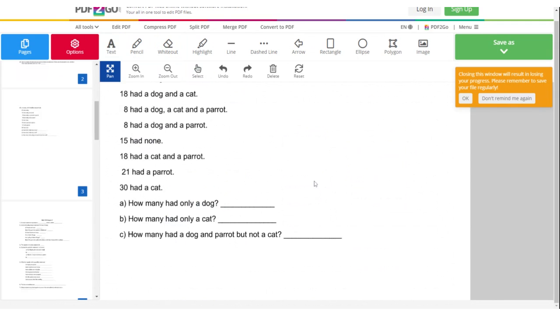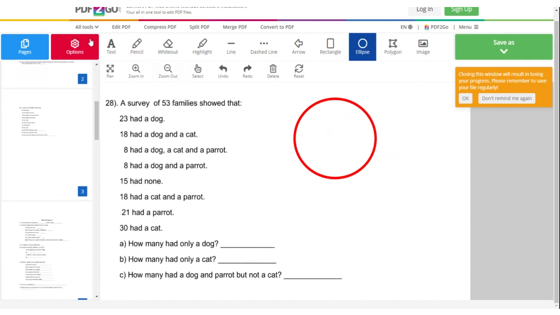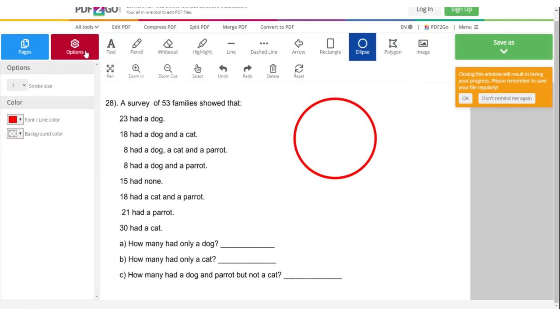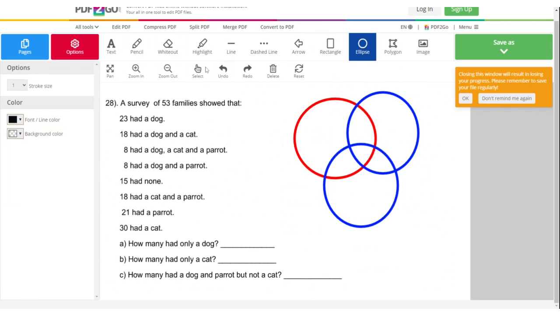All right, so we probably ought to do this one. I wanted to do a different color.